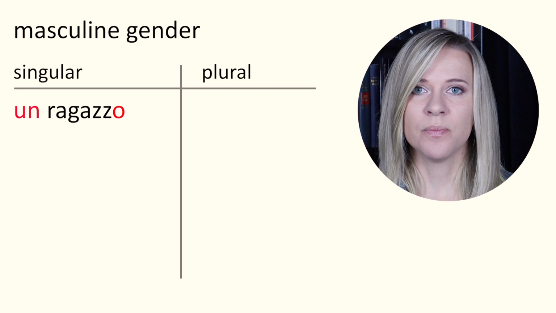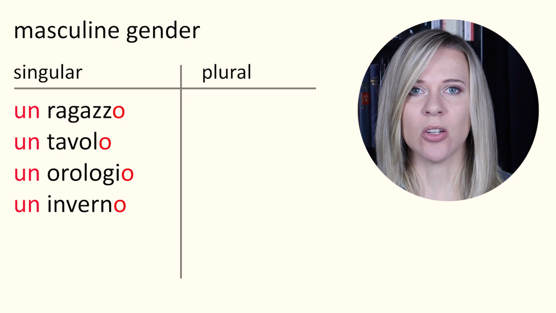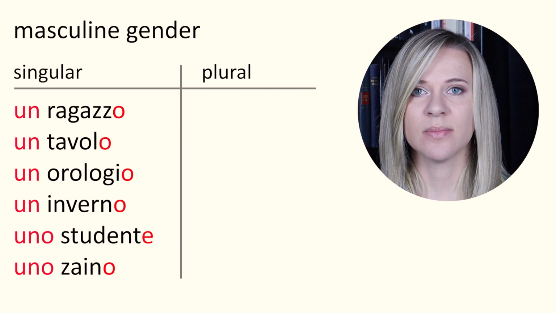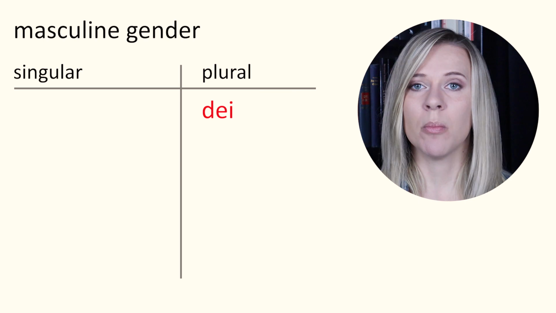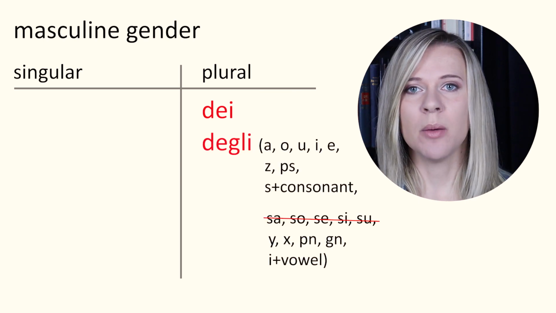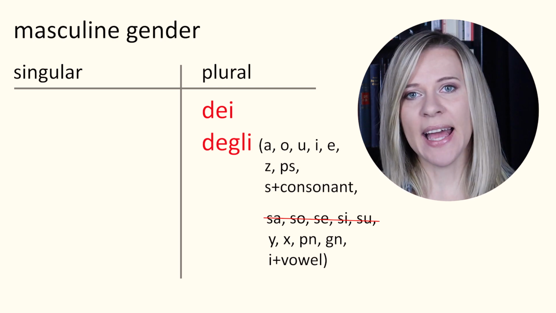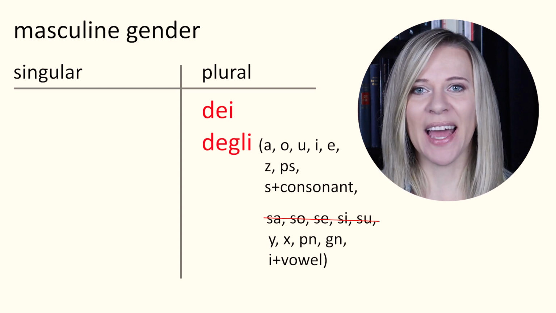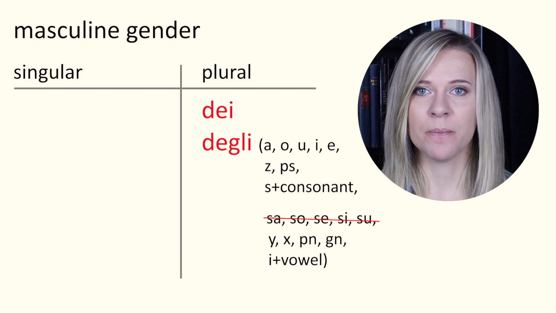Un ragazzo, un tavolo, un orologio, un inverno, uno studente, uno zaino. In plural, you have two possibilities. You usually use dei, but when a word, a noun, begins either with a vowel or Z, PS, S plus another consonant, Y, GN, PN, X, I plus another vowel, you have article degli.